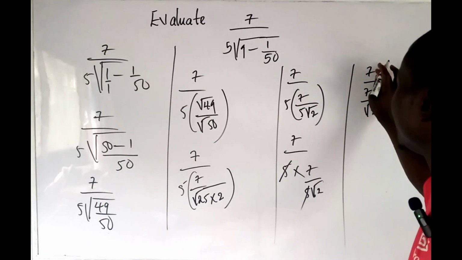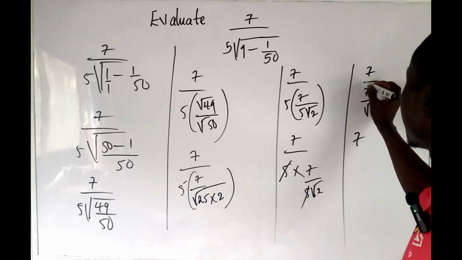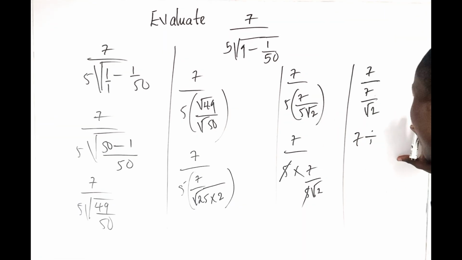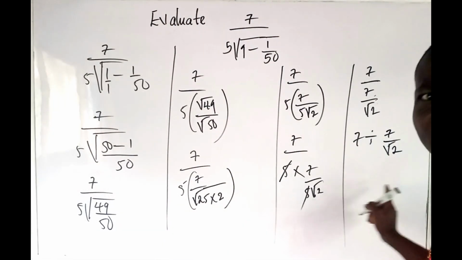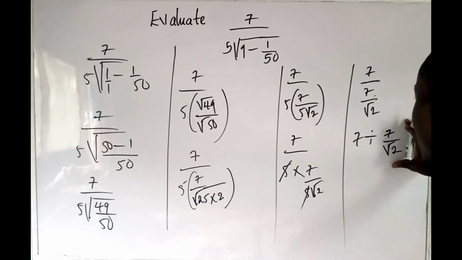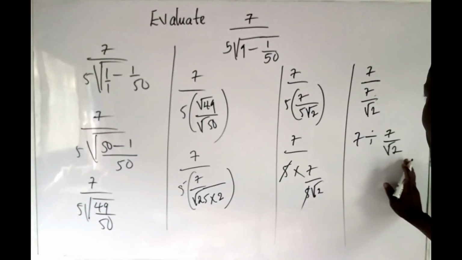To separate it, this 7 is alone from the scratch, so we have 7, then a division sign, and then 7 over root of 2. Do you understand this explanation? Yes. Because these two are together, this one is already from the scratch. That's why we separated it like this.